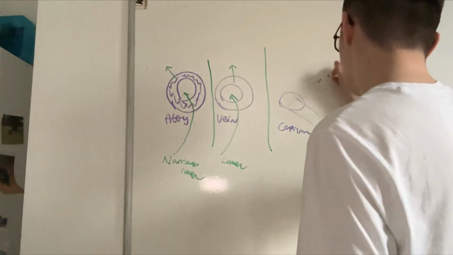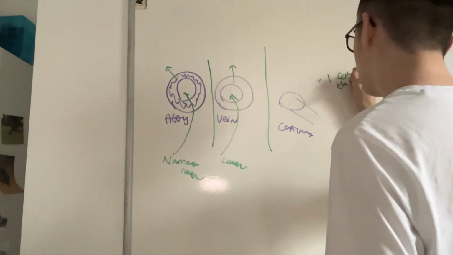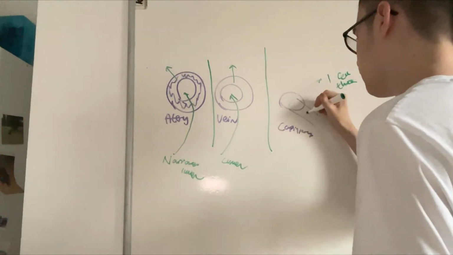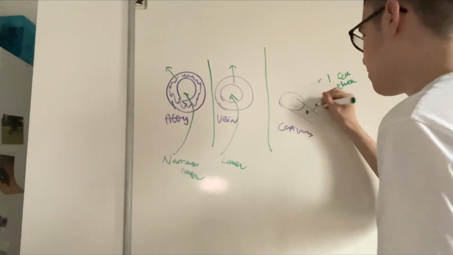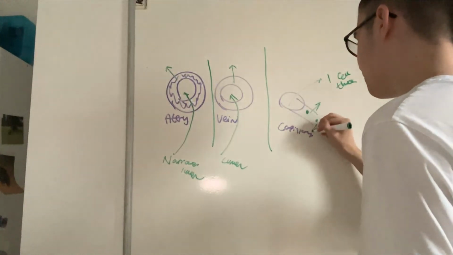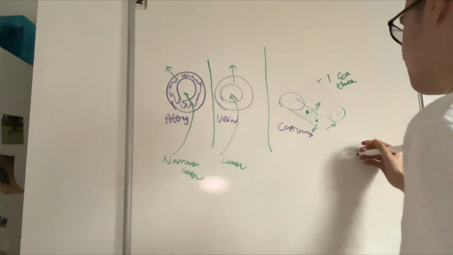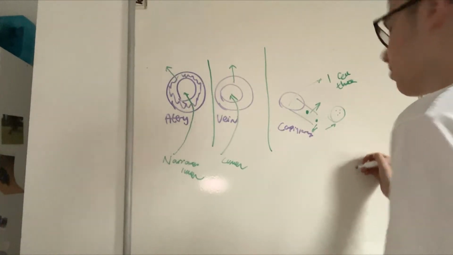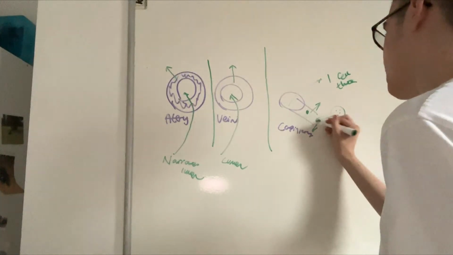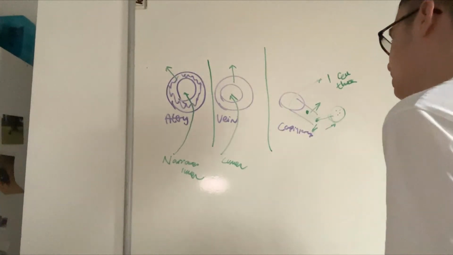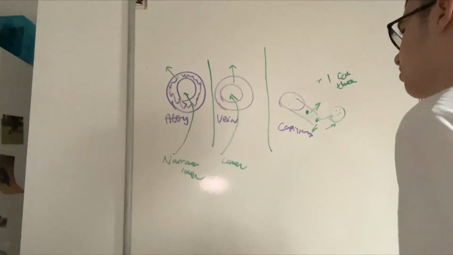The capillary is 1 cell thick. This allows it to easily diffuse ions in and out of it, so like into other cells. So cells can diffuse in or out, mainly ions. The capillaries are 1 cell thick.